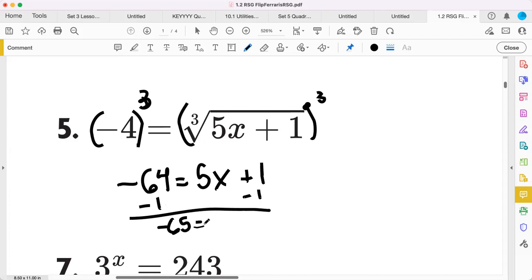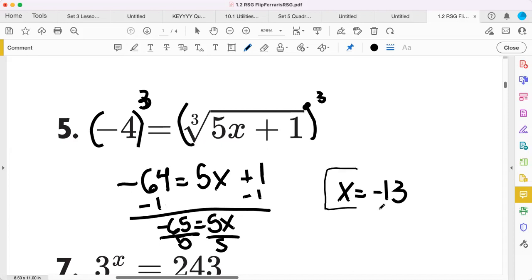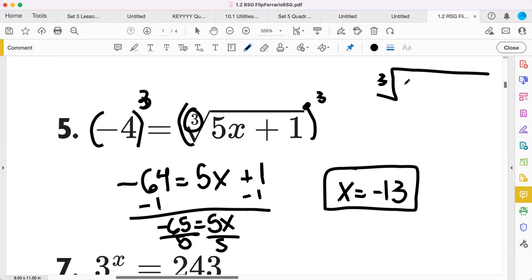-65 equals 5x. Solve that. You now have that x equals -13. And so the fact that this is a cubic root doesn't quite matter, because if you plug back in, you can take the cubic root of a negative number.